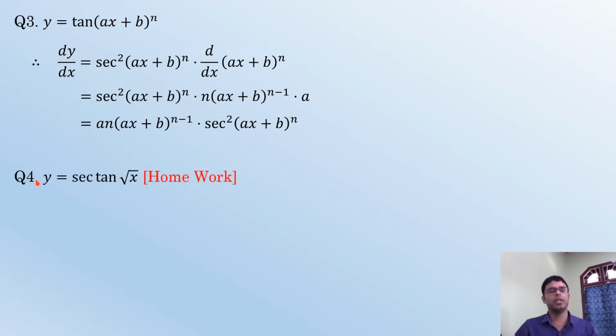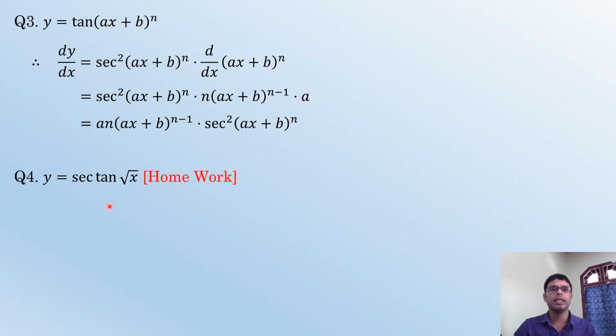And this is the next question, y is equal to sec of tan of root x, and this question is for homework. First, just recognize the outer function. Which is the outer function? It is sec. This total tan root x should be considered as x first. So y is equal to sec x. The formula is d/dx of sec x is equal to sec x into tan x.